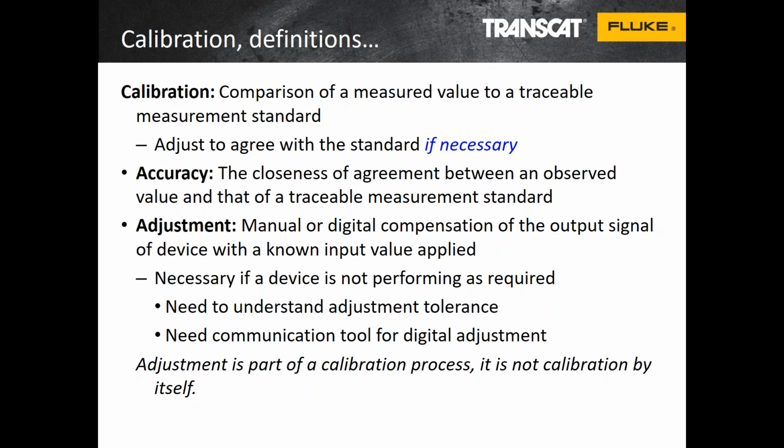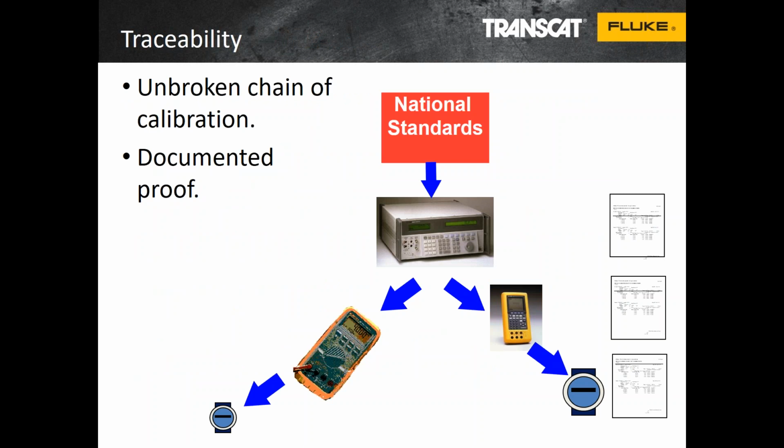We need to understand the adjustment tolerance, which sometimes is different than the pass-fail tolerance. And if you're working with smart devices, a digital communication tool is required for doing the digital adjustment. Remember, adjustment is part of the calibration process. It is not calibration by itself.